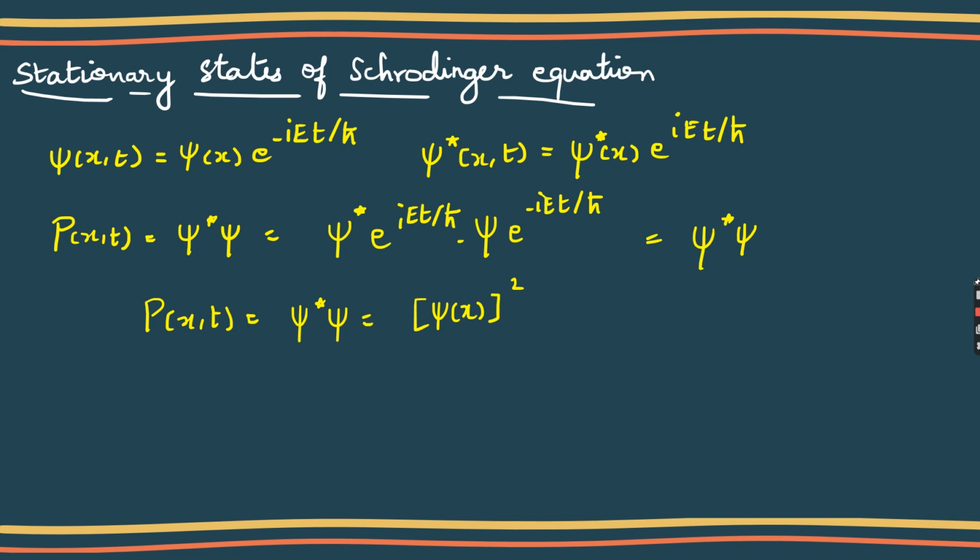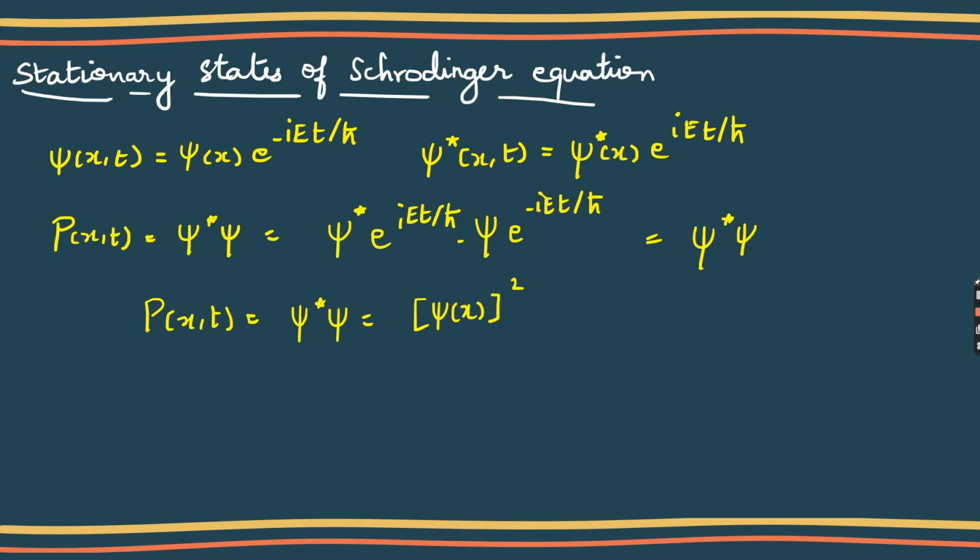Now I can say directly from this that the probability is independent of time for a stationary state. So you can easily remember that the probability is independent of time for a stationary state. You can be asked questions like: this is a stationary state wave function, what is the probability?